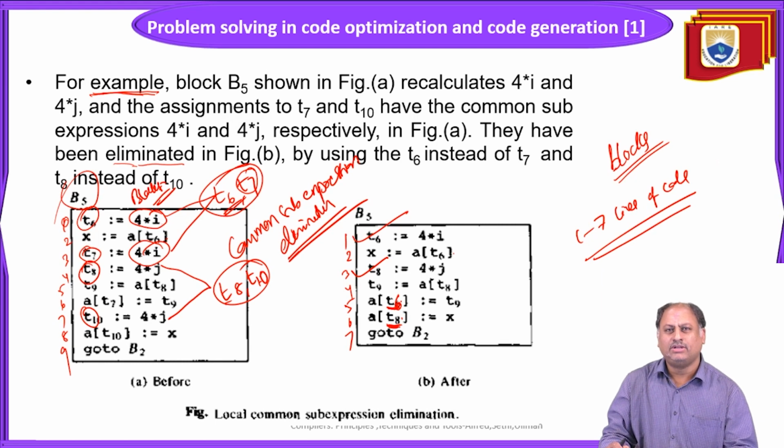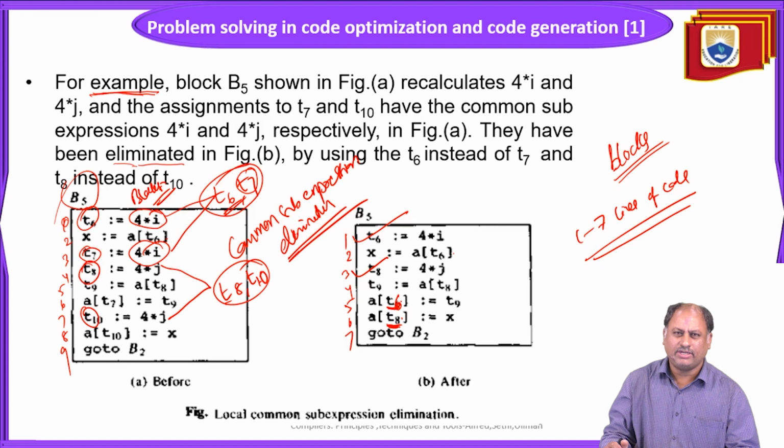In code optimization, we can use several principal sources of optimization where expression elimination can take place, so that we get rid of code with less time and fast execution.